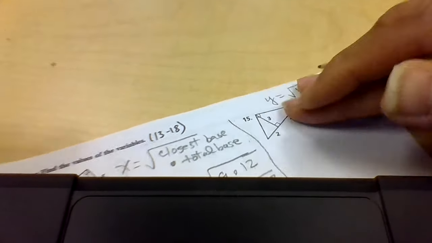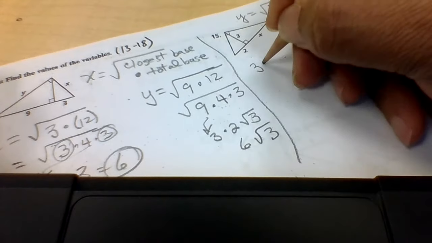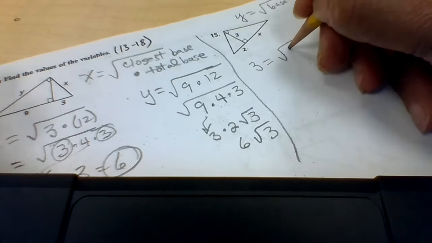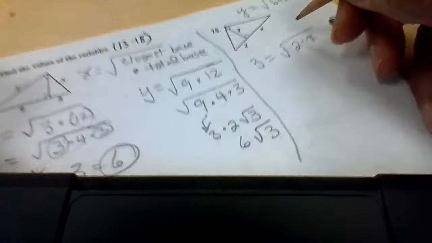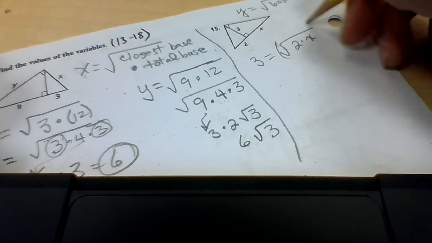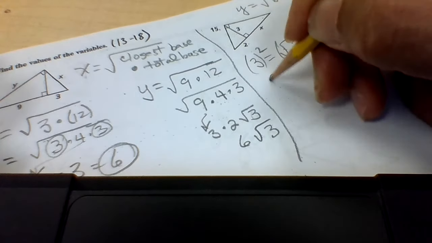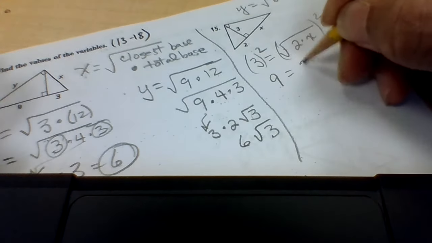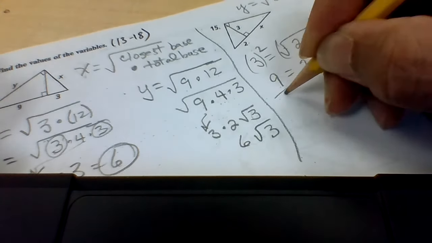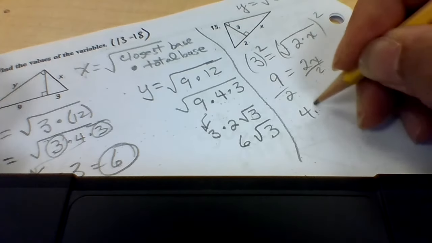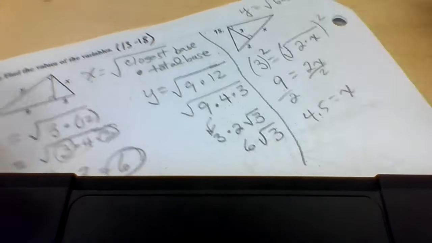So in this problem, it's going to be 3 is equal to the square root of 2 times x. To get rid of the square root, I have to square both sides. So this will give me 9 is equal to 2x. Divide both sides by 2. So I get 4.5 is equal to x. Next one.